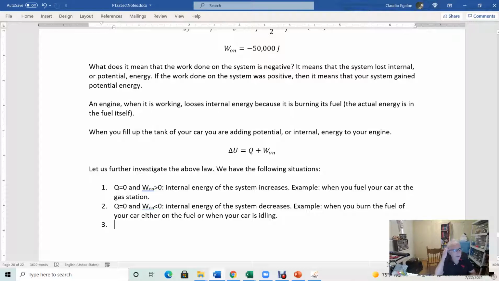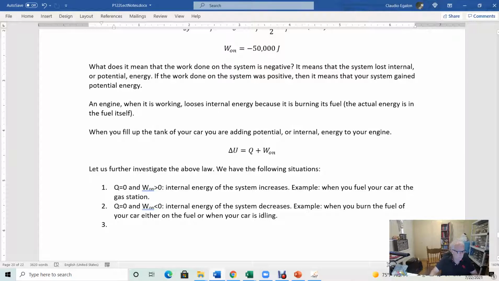If your car is idling, the engine is not doing any work whatsoever. The work done by the engine is 0, so you're just wasting fuel and decreasing the internal potential energy of your car.